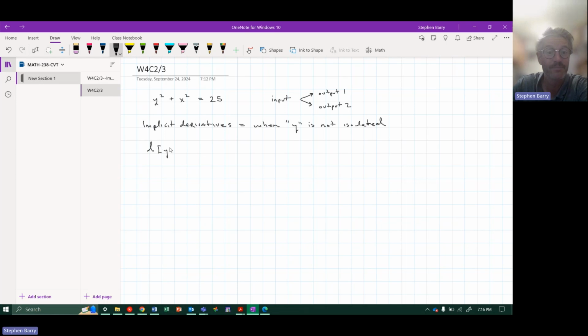So here's the setup. We're taking the derivative of each term using the addition rule with respect to x.